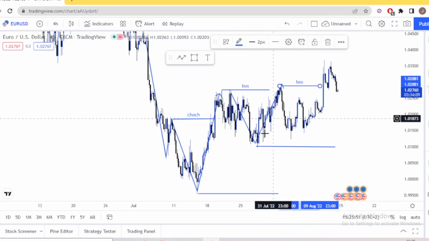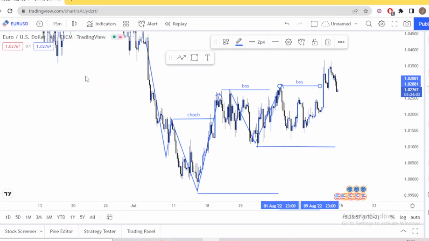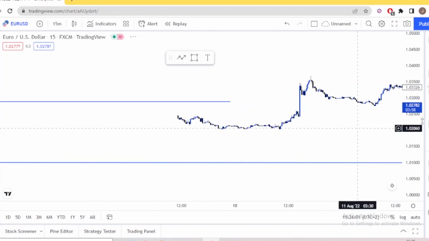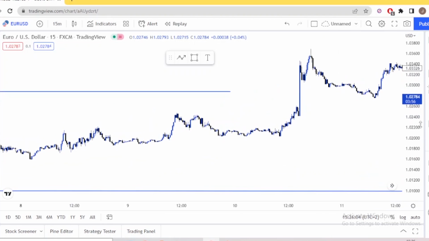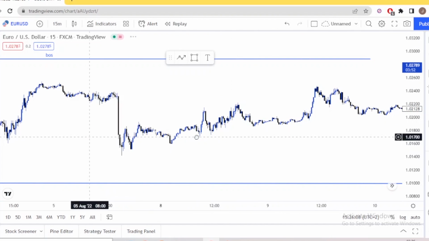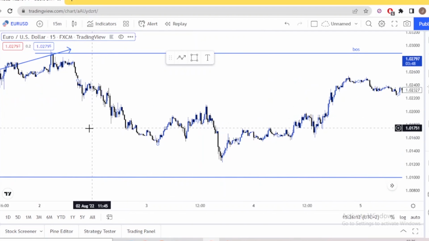We're trying to catch trades in this zone, in this range. So we go to the 15 minutes time frame and check what we have in that range.